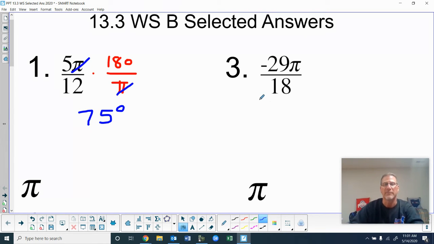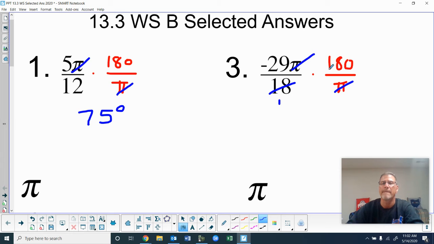All right, number 2, we're going to multiply again, changing from radians to degrees, by 180 over pi, so that we can cancel out our pi's. Now I know 18 goes into 180 10 times, right? 18 times 10. So I'm just going to do this.